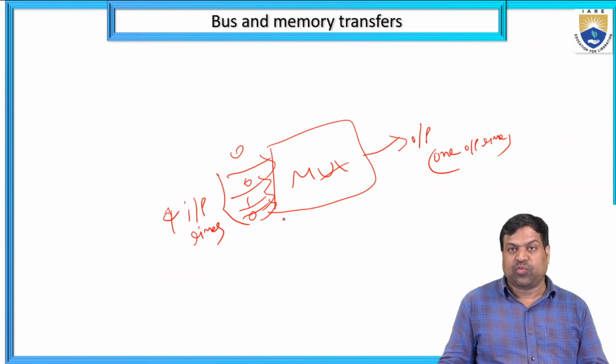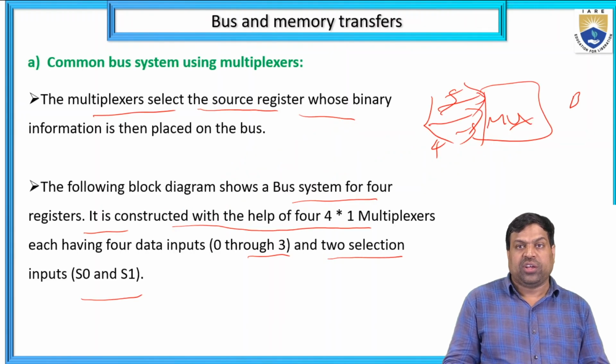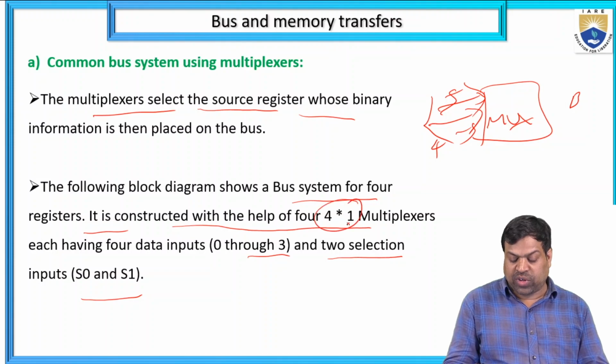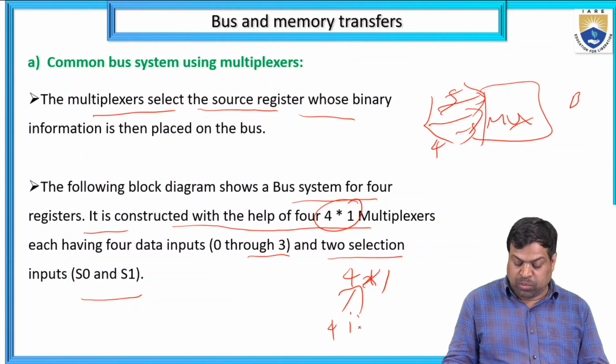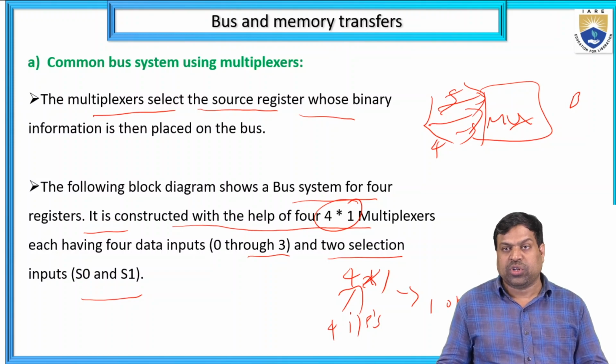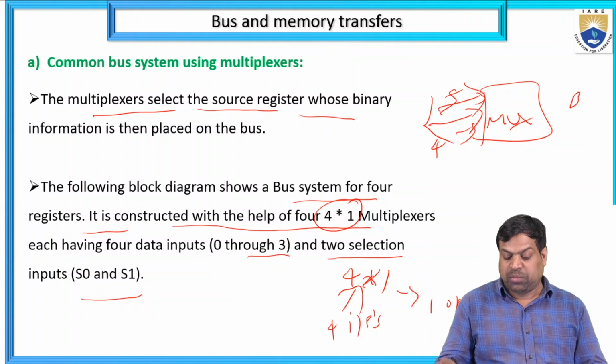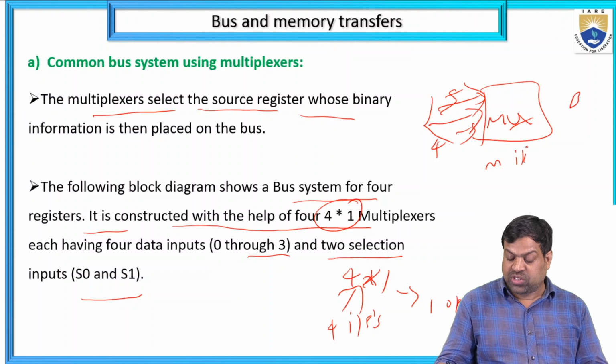So binary information is taken by the multiplexer as the input, and the following is the bus system for 4 registers. 4 registers means 4 input registers constructed with the help of 4x1, which means 4 inputs, only 1 output. So that is called the multiplexer. N number of inputs, only 1 output. That is a multiplexer. N inputs, 1 output.